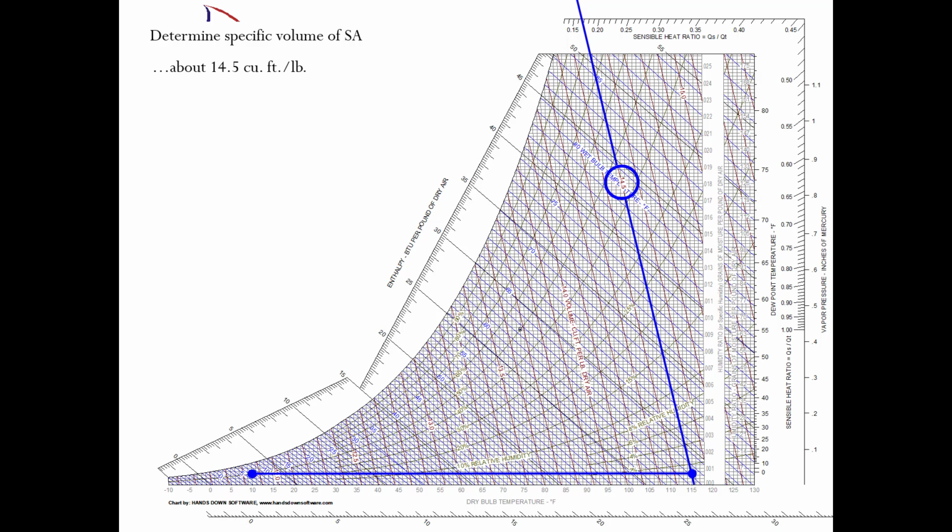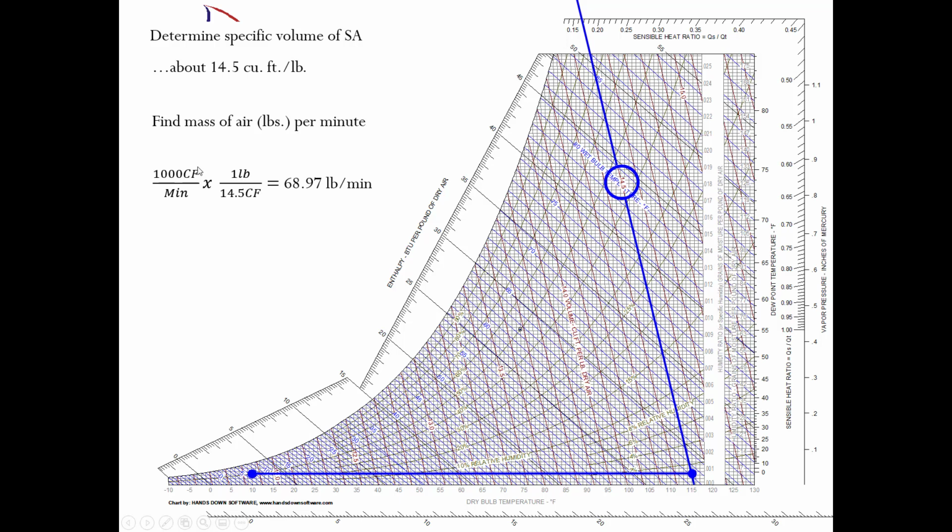All right, now to figure out how much air in pounds per minute we need to be bringing in or supplying to our space, all we have to do is multiply 1,000 cubic feet per minute and divide it by 14.5 cubic feet in every pound of air.